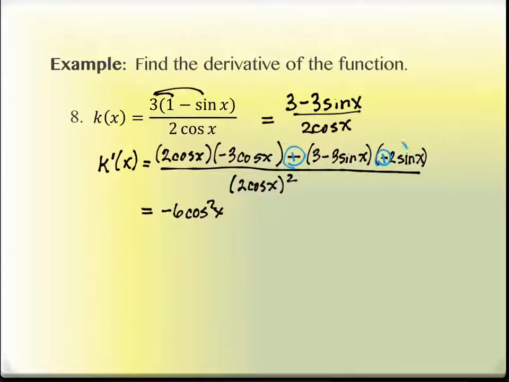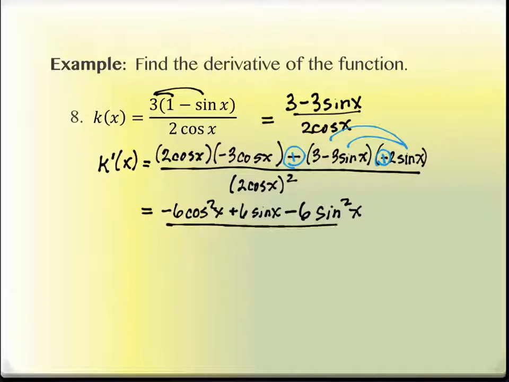So let's kind of note that sign change there as well. And we'll distribute. So now I have 2 times the 3, so this is 6 sine x. And then I have minus 6 sine squared of x. And this is all over 4 cosine squared of x.